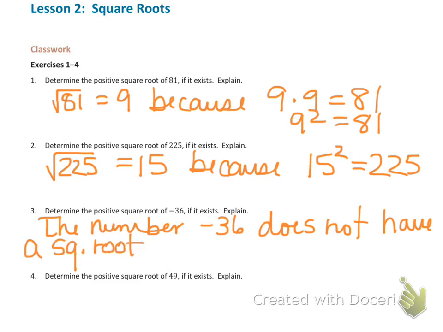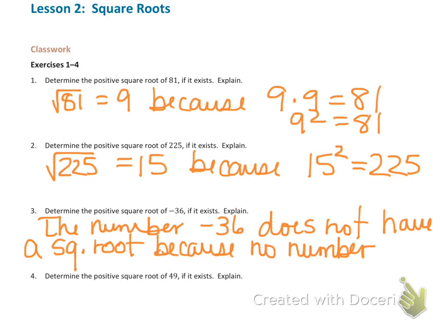Because there's no number that you could square to get a negative number. Because even if I chose a negative number, negative times negative is going to be positive.